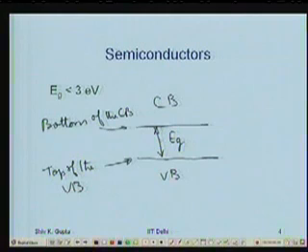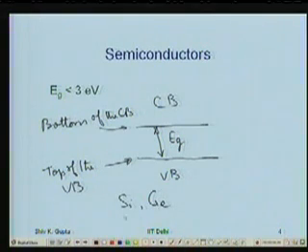And this gap between them is less than 3 electron volts. These materials, elements like silicon and germanium, are from group 4, and there are also 50-50 compounds which have similar behavior.